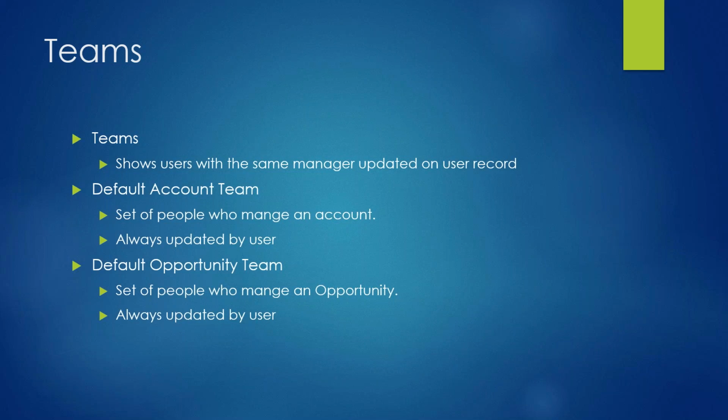That defines that, okay, this is your team. You'll see all the team members in it. And if a manager's manager is also updated as your manager's manager on the user record, you will also be able to see that. So that is actually the purpose of the team.